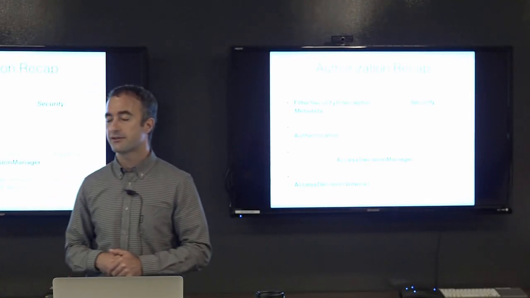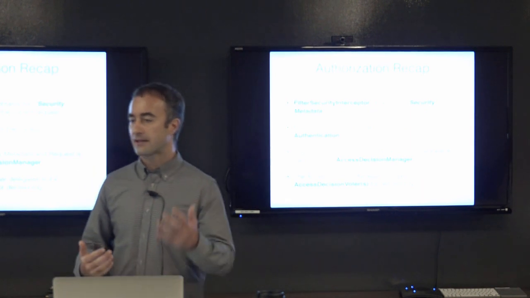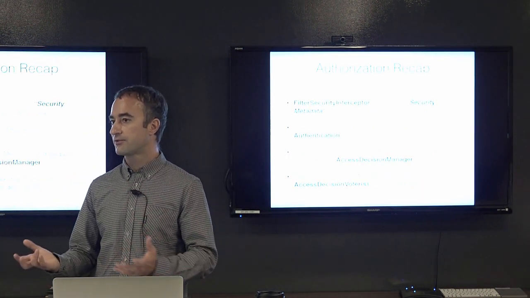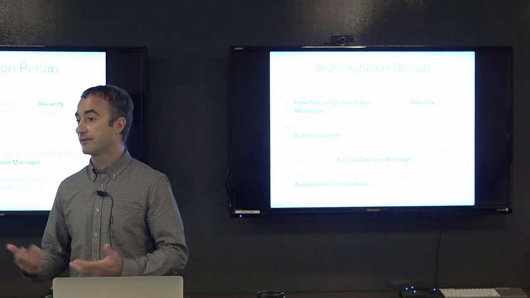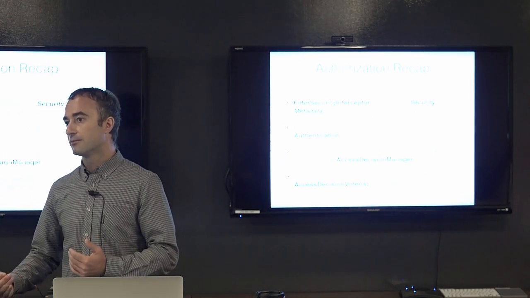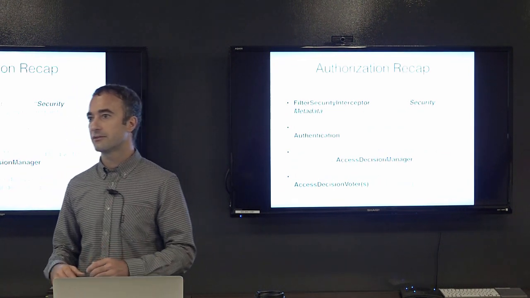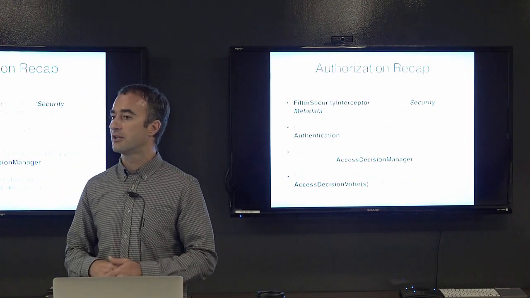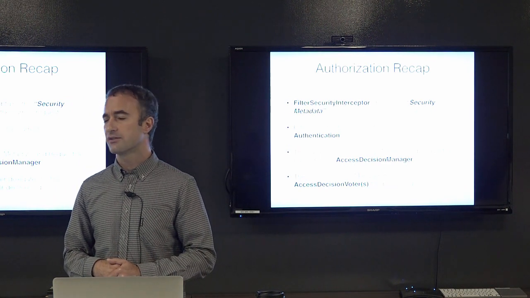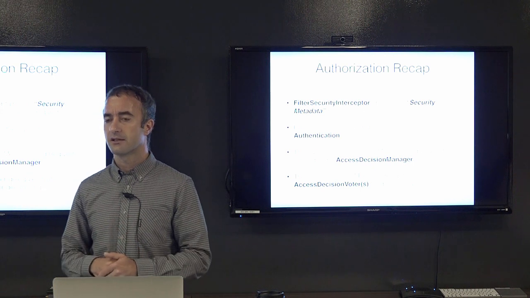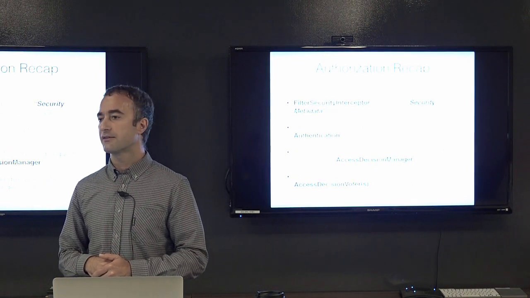I would definitely look at the current implementations of Access Decision Manager and Access Decision Voter, see if there's something that suits your requirements, and if it doesn't, then you know. But I haven't seen that too often. There are a lot of out-of-the-box implementations there that would suit your requirements, but no, it's not a smell. If you've got really special requirements, then that's an extension point.